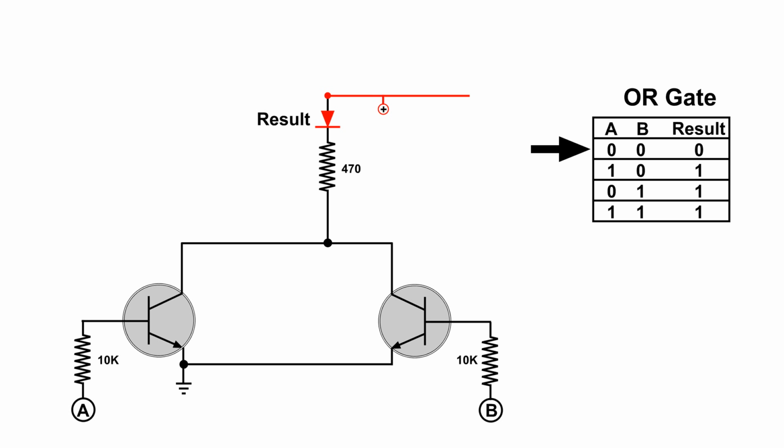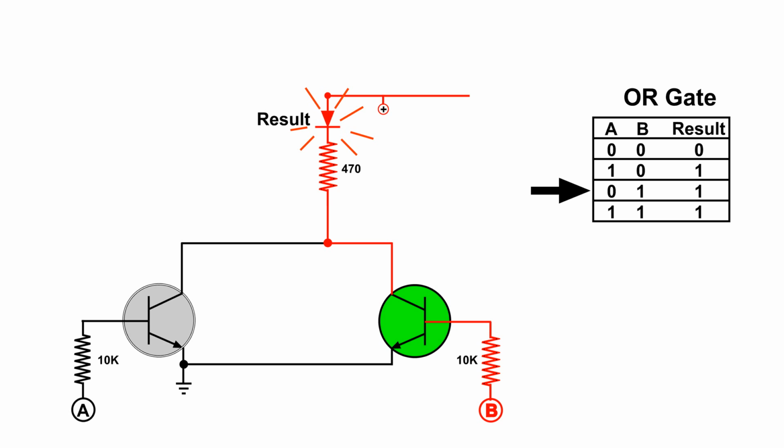But when I applied a positive voltage to A, the result was the LED lights. And when I took it off A and put it on B, the LED is lit again.